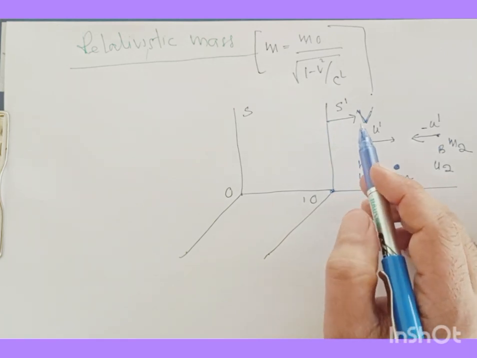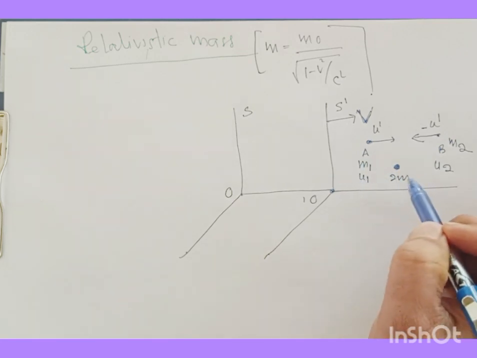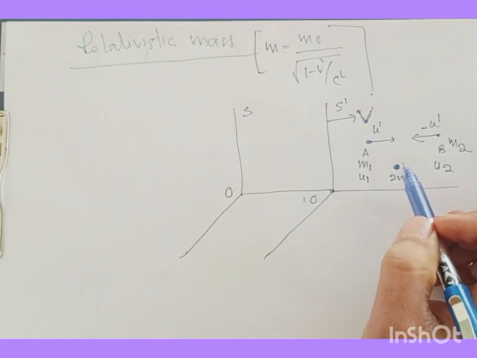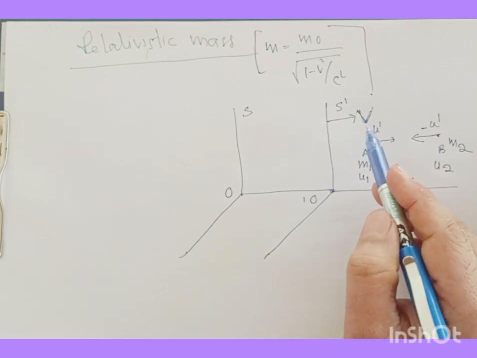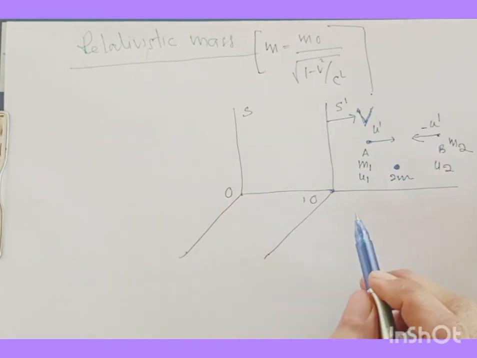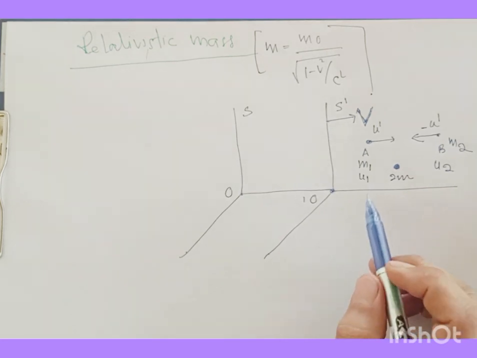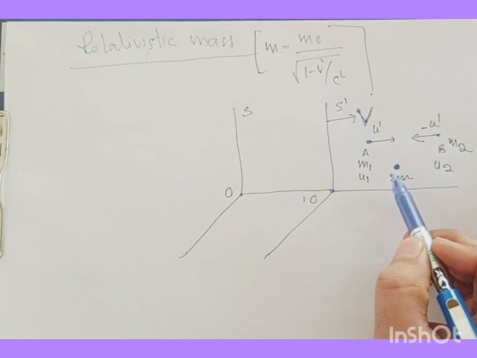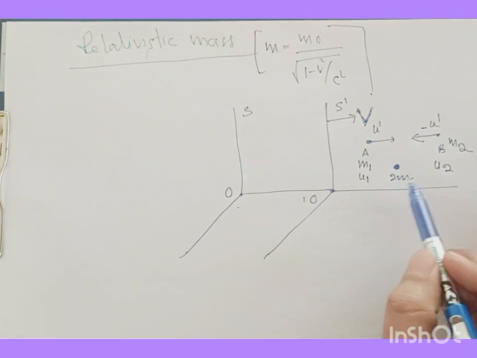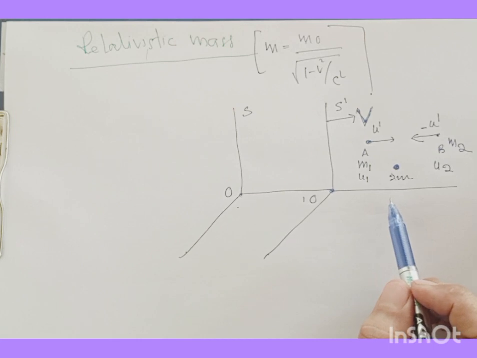The only velocity that this 2m possesses after the collision is the velocity of the frame S dash, which is equal to v. Thus the two balls appear to move with the velocity v to the observer in S. They have come to rest in S dash, but for S, they appear to be moving with velocity v.